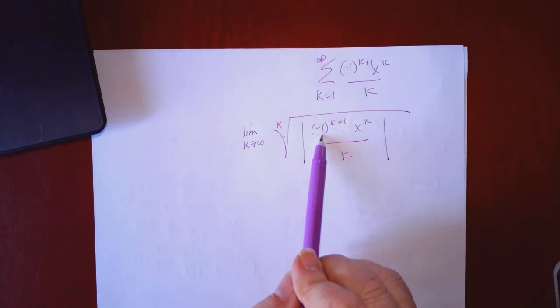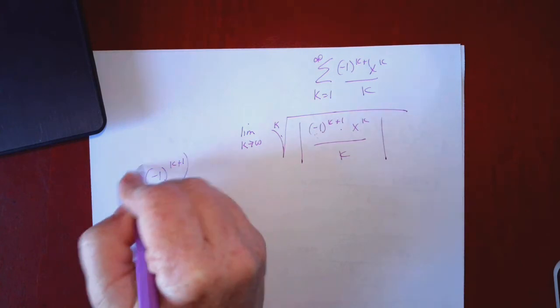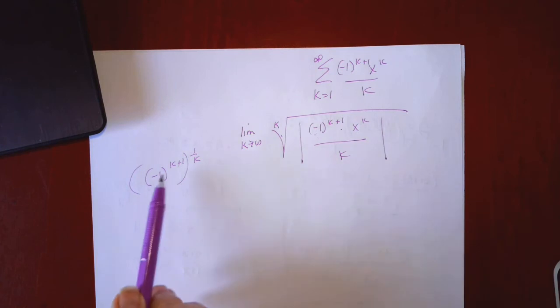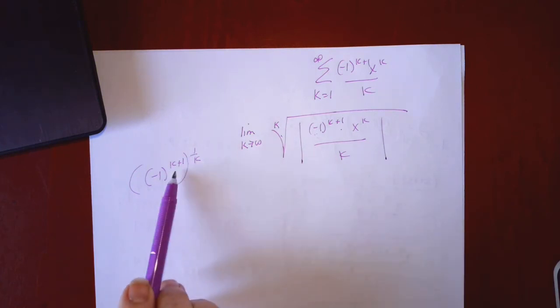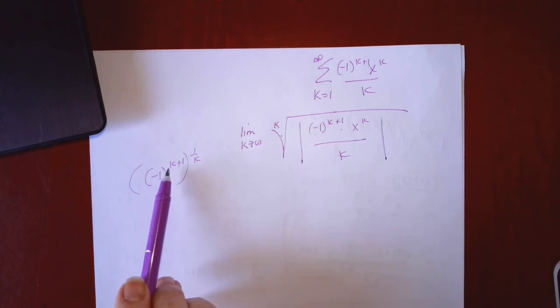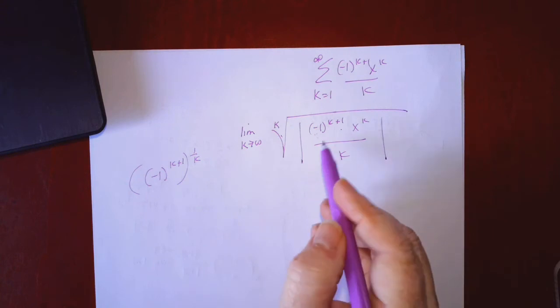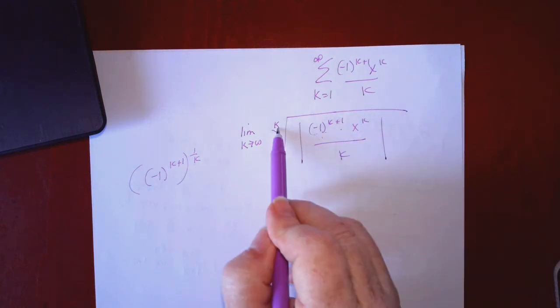Guys, that's really just going to be -1 to the k plus 1 times 1 over k. Multiply the exponents, you're going to get 1 plus 1 over k. And so what's really happening there is when you take the absolute value of that -1 to the power, you're going to end up with a positive 1.